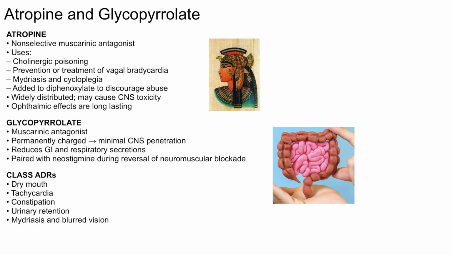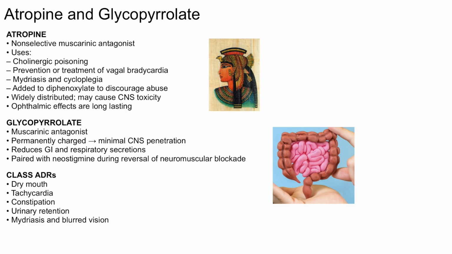Okay. Glycopyrrolate is a permanently charged quaternary compound, so it has minimal central nervous system penetration. It is useful when we want peripheral anti-muscarinic effects, such as reducing respiratory or GI secretions. It is also paired with neostigmine during reversal of non-depolarizing neuromuscular blockade. So both can cause dry mouth, tachycardia, constipation, urinary retention, mydriasis, and blurred vision, pretty much all the things that you can come to expect with anti-muscarinics.